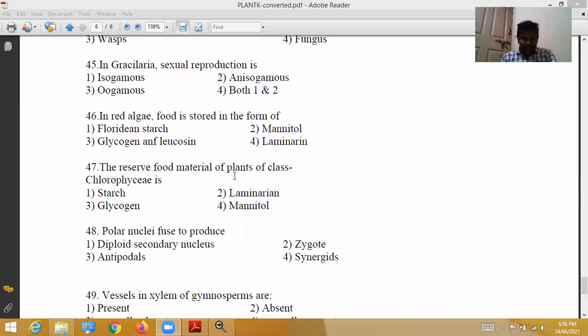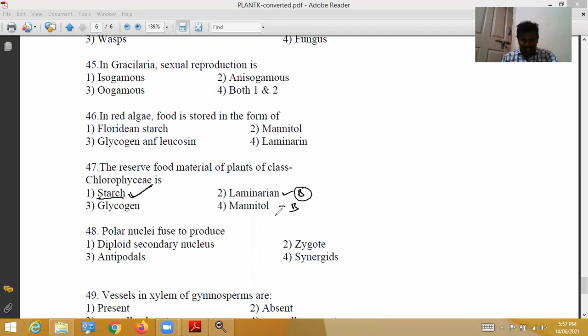The reserve food material of plants of class Chlorophyceae is generally starch. In Chlorophyceae, food is stored in pyrenoids. They store carbohydrates as starch, which is insoluble. Some may store food in the form of oil droplets. So the first option is correct. Laminarin and mannitol are generally in brown algae.